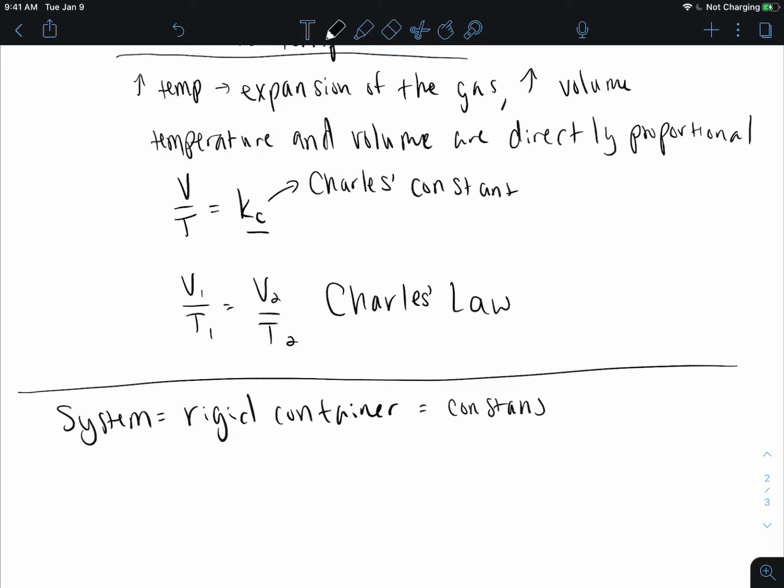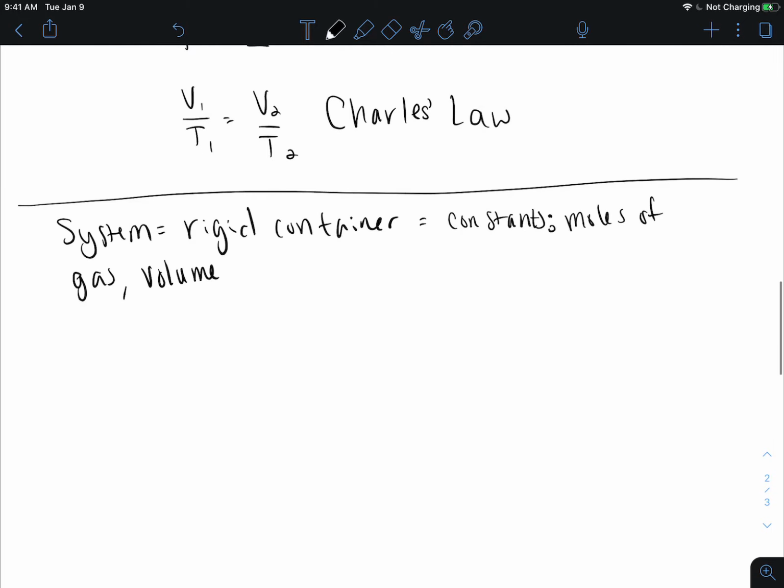So our constants here are moles of gas, and we're rigid, so our volume is also going to be constant. So here we are looking at pressure and temperature.